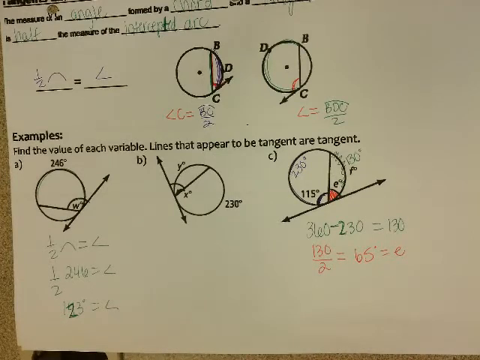Add these together. 7x and negative 6x make x. Positive 2y, negative 2y makes 0. And then this is negative 90 and 105, and I get 15.